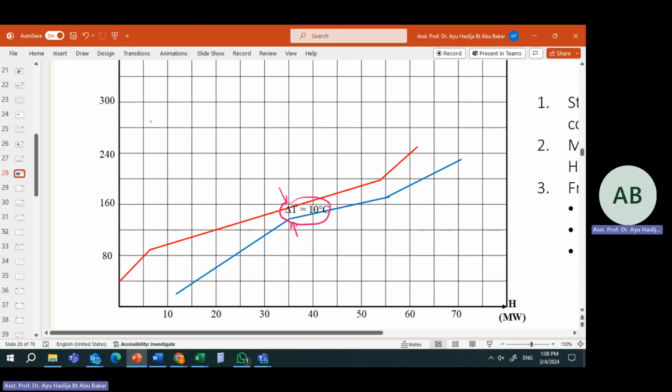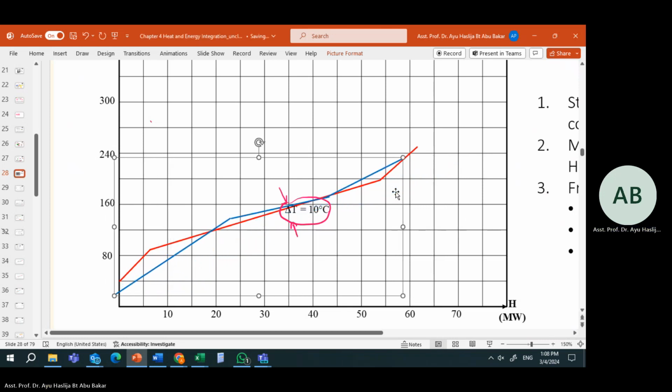Ask questions so that you understand. How do you find the pinch point? Move the cold stream. I start again. This is the original of hot and cold. When you overlap them, it will look like this. Overlap both, hot and cold.